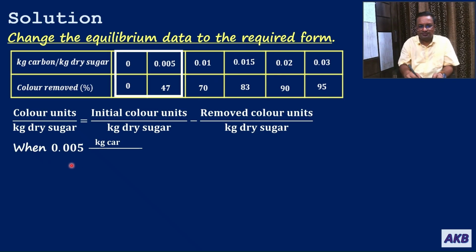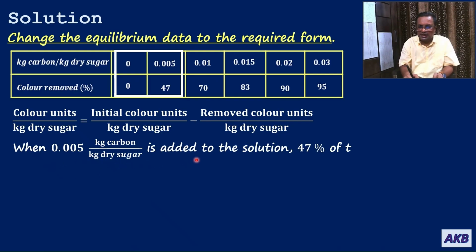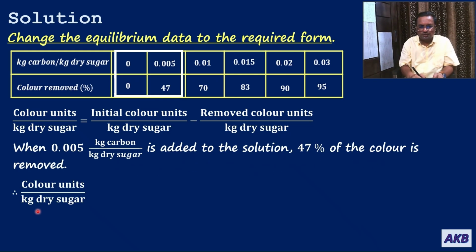So in this case, when 0.005 kg carbon per kg dry sugar is added to the solution, 47% of the color is removed. Therefore, color units per kg dry sugar in the solution will be equal to 20 minus 0.47 into 20.